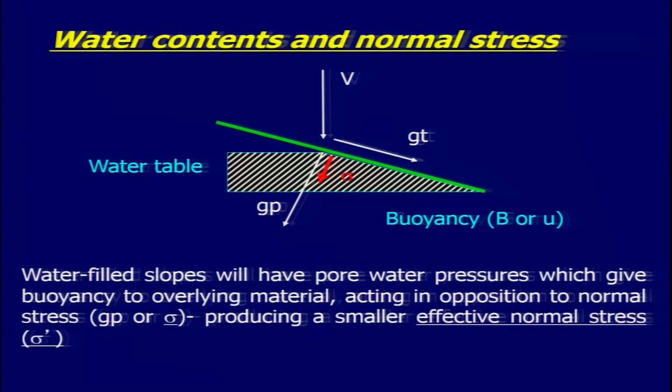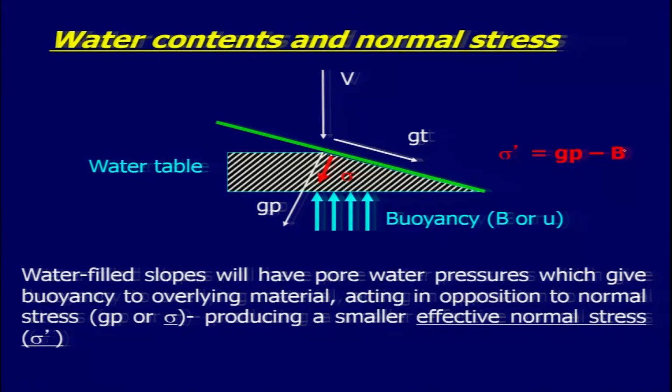Now, the pore water pressure will have some sort of a buoyancy effect, and that will result in a smaller effective normal stress. So, sigma prime will be your GP, the normal stress, minus the buoyancy.